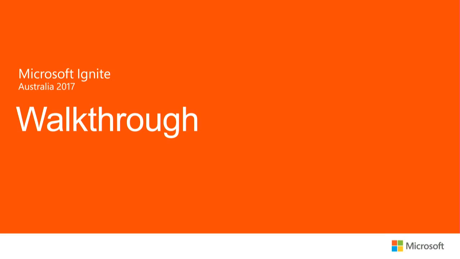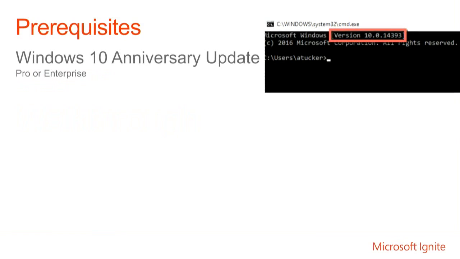So a bit about the why and the how. Let's begin to take a look at actually running through one of these conversions and what's required. So first of all, you'll need Windows 10 Anniversary Update, Professional or Enterprise. There's a number of ways of checking, or you can just run up a command window and check you're on 14.393.